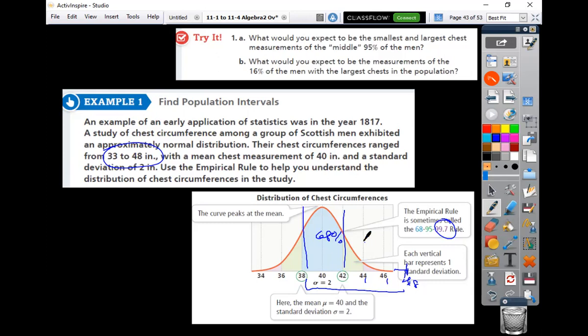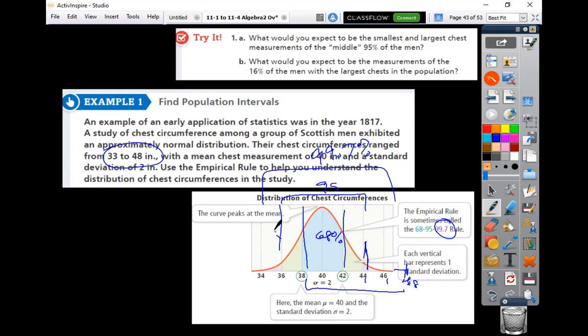We know that from here to here was like 95. The empirical rule, I don't have that on this screen. Oh, there it is, the 95. And then when you go out 2 to 3 standard deviations, that's the 99.7%.